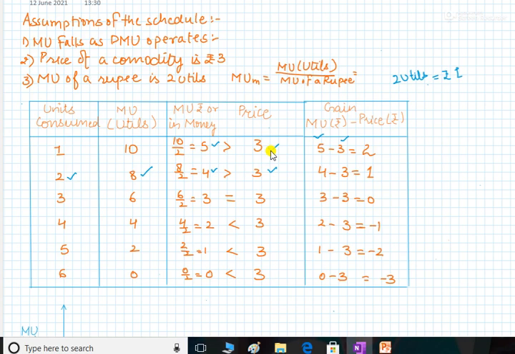It means the consumer is in surplus. To understand this, let us understand consumer surplus. Consumer surplus is the difference between what a consumer is willing to pay minus what he actually pays.